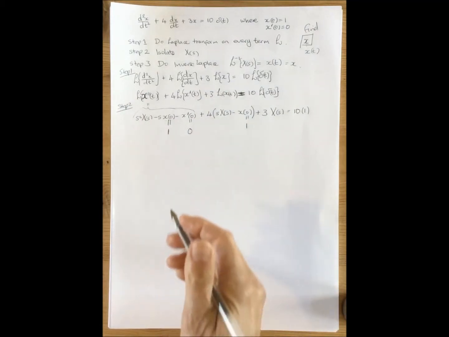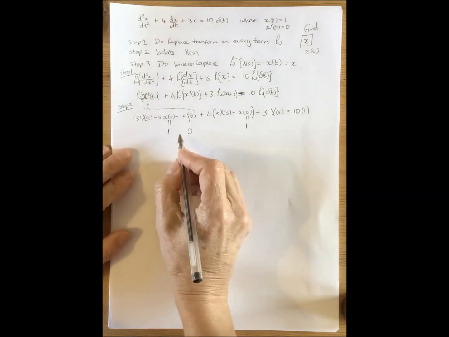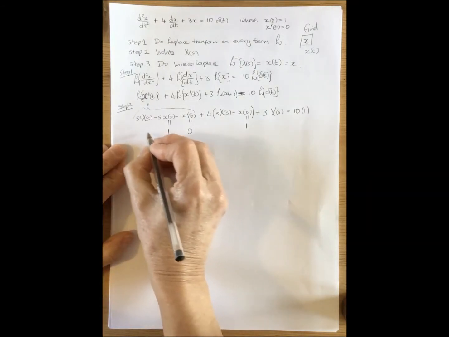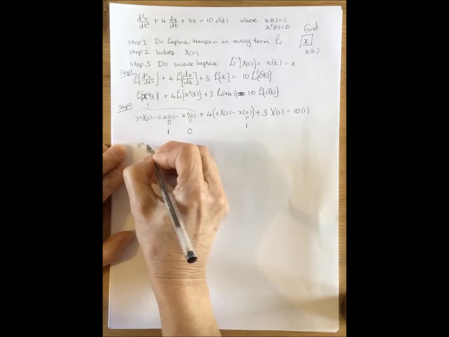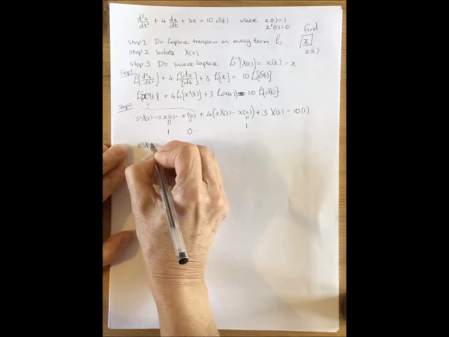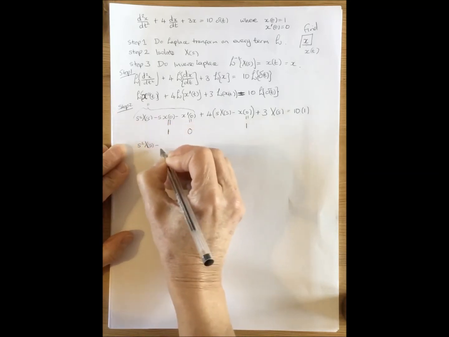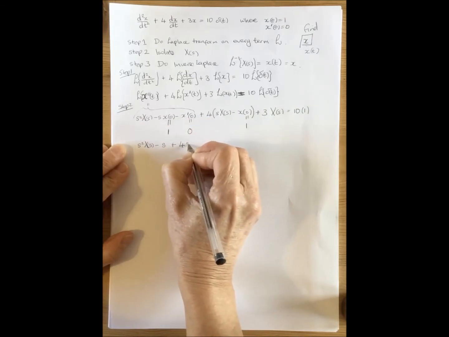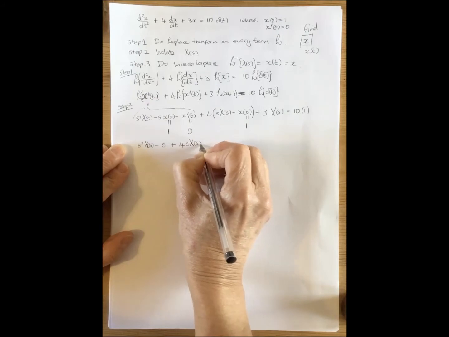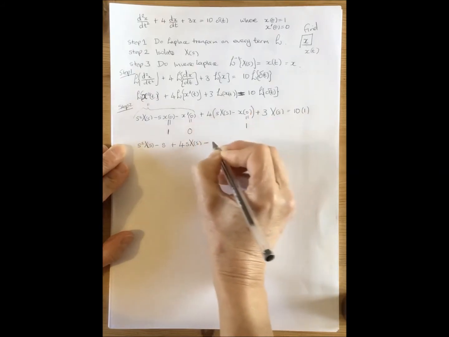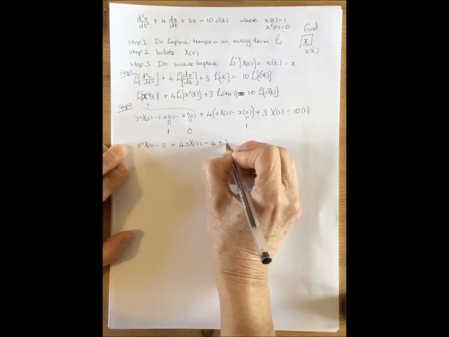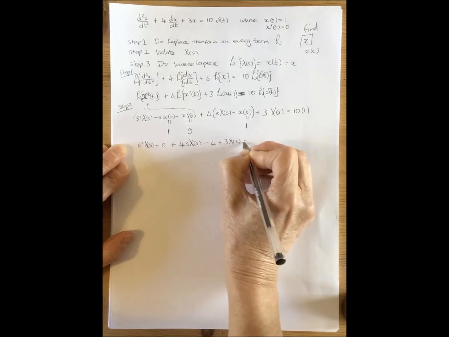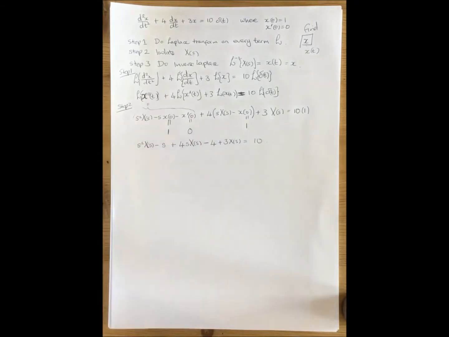And we're going to isolate the X(s). So we have s squared X(s) minus s times 1, which is s, minus nothing, plus 4s X(s) minus 4 times 1, which is 4, plus 3 capital X(s) equals 10.